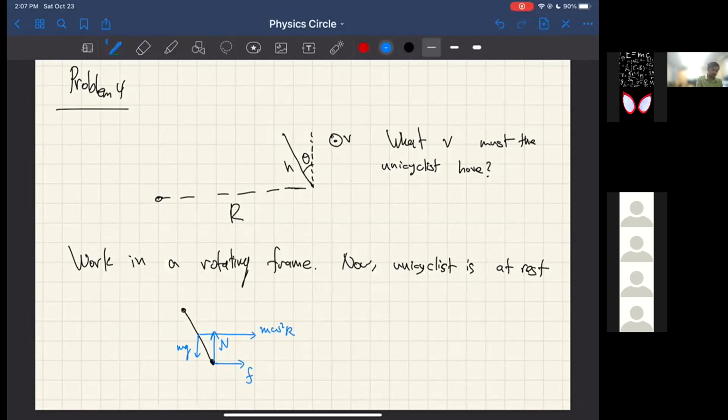In the rotating frame of reference, there are these fictitious forces. So there's a centrifugal force pointing outward, and in this case we would want to say v squared over r. You can view it as if it's acting on the center of mass.